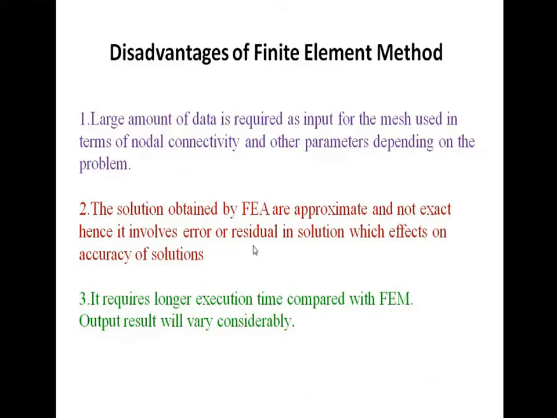The difference between the exact solution and the approximate solution is called error or residual, and it affects the accuracy of the solution. When we consider the error residual in each element, by combining all elements, it will affect the accuracy of the total problem. It requires a longer execution time.